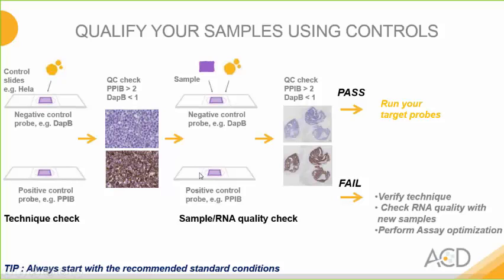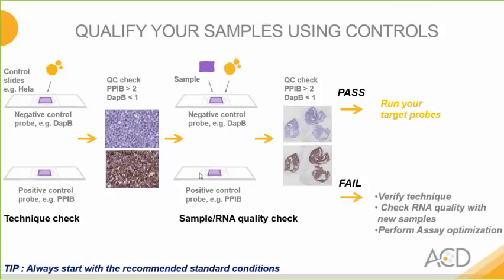So the positive control is used to check the RNA quality in your tissue. For example, we have a QC standard of 4 to 10 dots per cell for the housekeeping gene PPIB in most tissues. And the negative control will be informative of whether the assay flow is optimized. For example, if you have over-digested tissue, you can expect to see background signals even in the negative control.